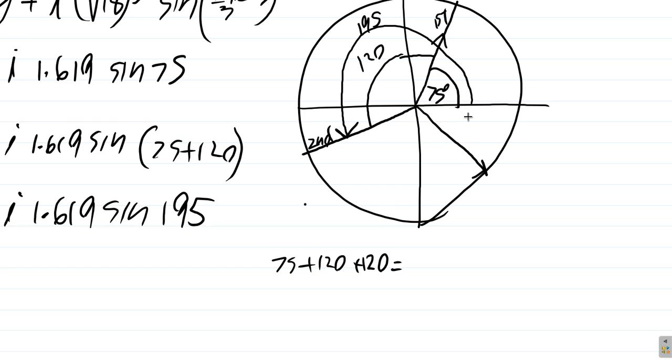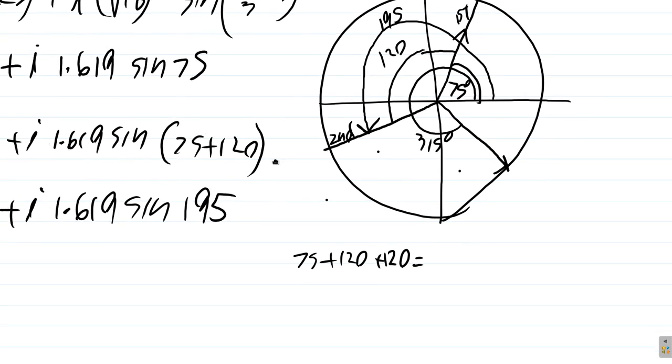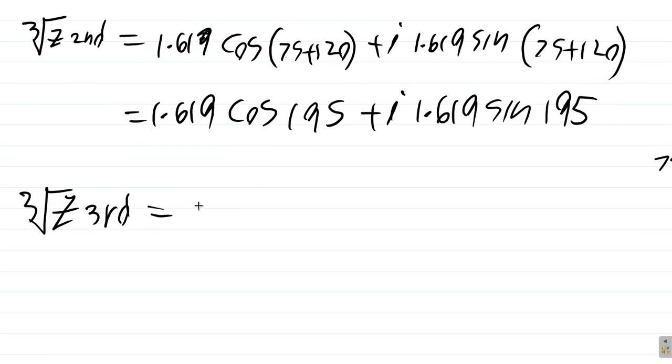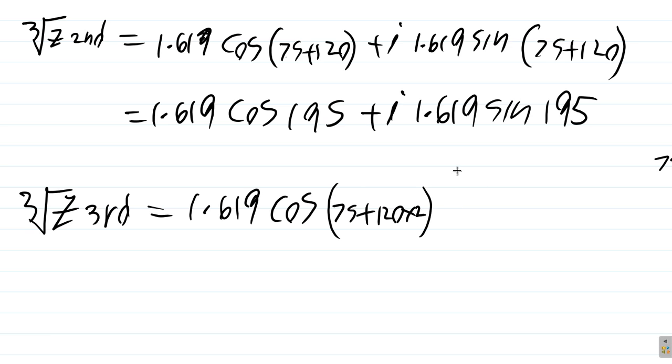Alright? 315 degrees. So you would have 195 plus another 120 to give you that 315 degrees. Swinging all the way around here will be 315 degrees. So what you have is 1.619 cos. Now you could write it as 75 plus 120 by 2 if you want.